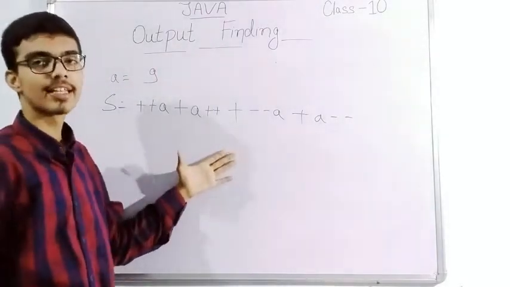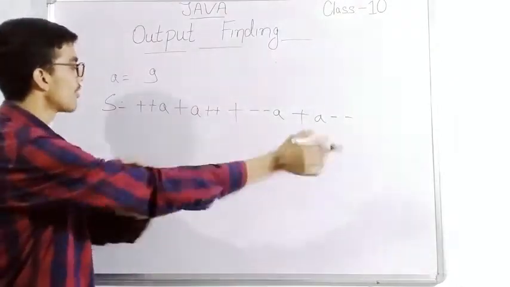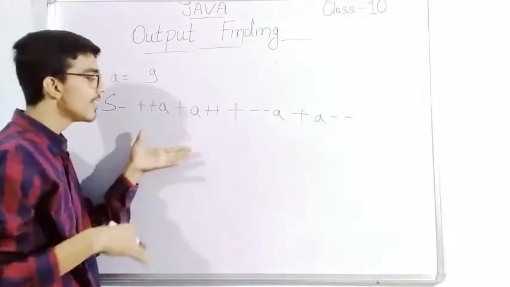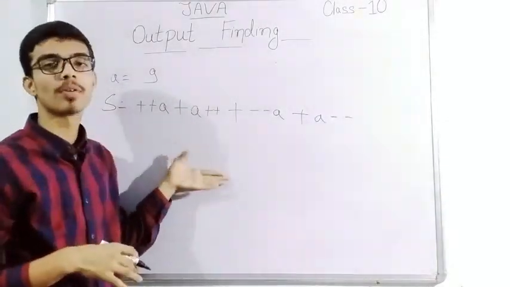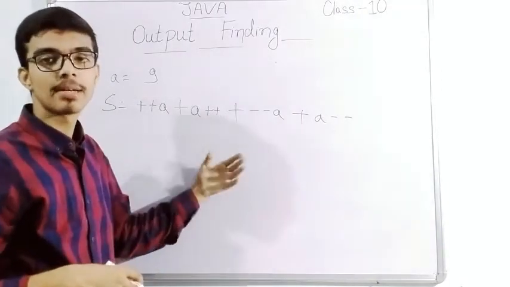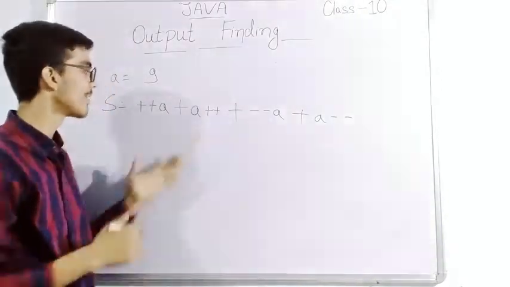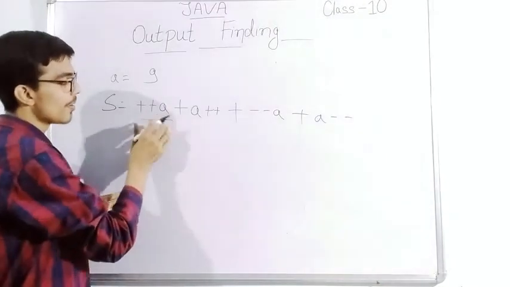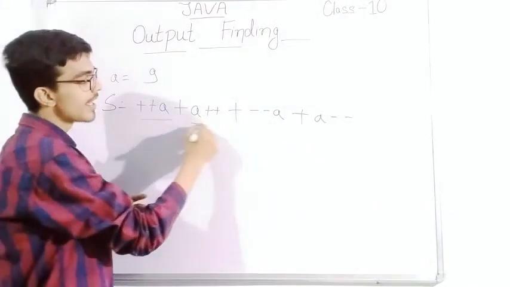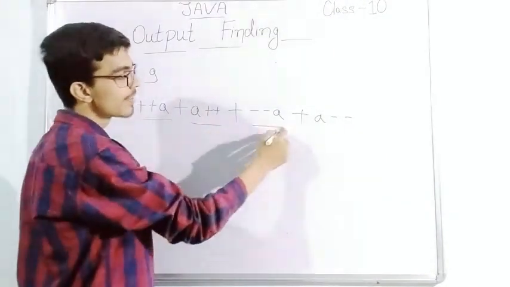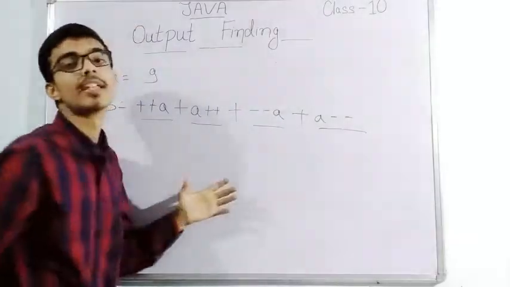The reason for taking this is that it has every type of increment, decrement, postfix, prefix. Here we can see prefix increment, here postfix increment, prefix decrement, postfix decrement.